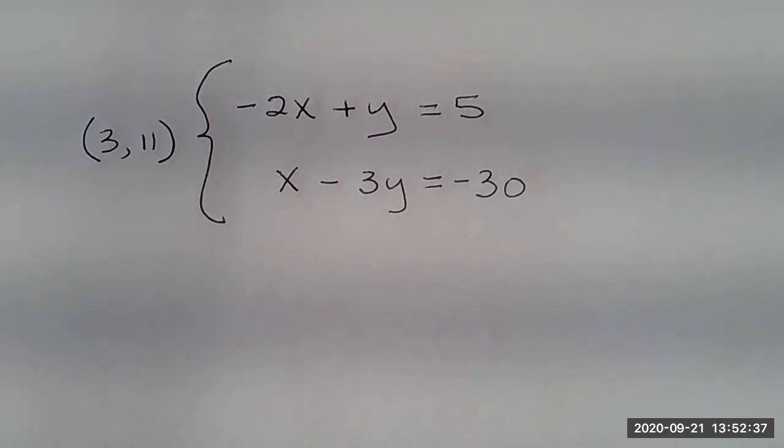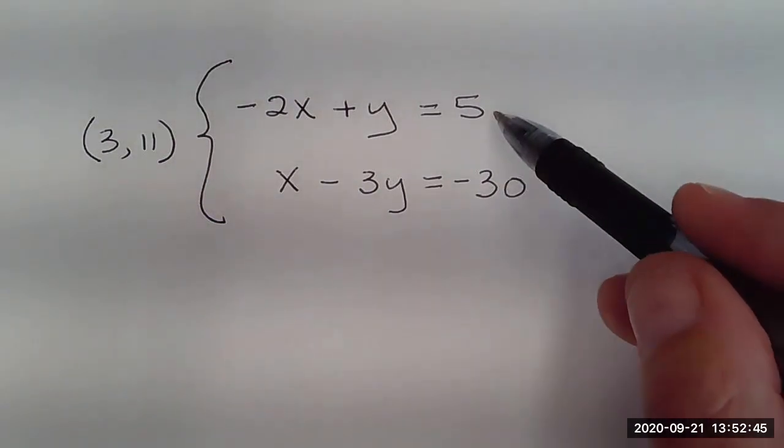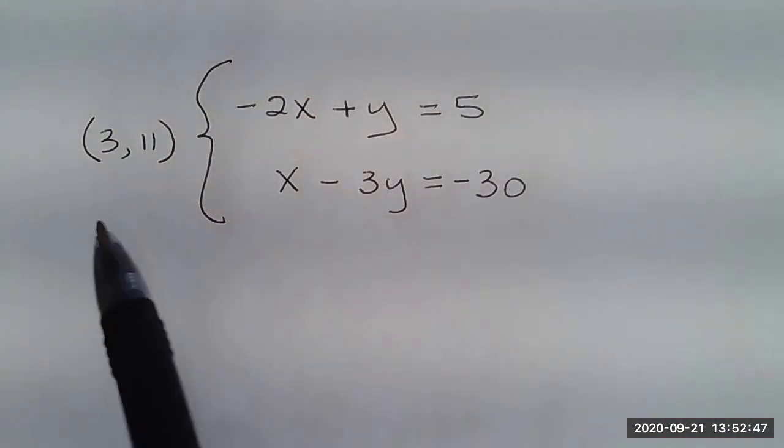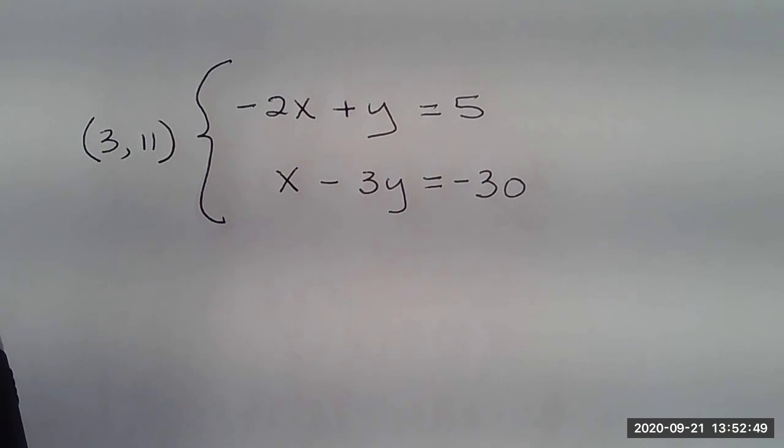If you came up with the solution (3, 11), if we were to graph both equations, these two lines would cross at the coordinate (3, 11) on the coordinate plane.